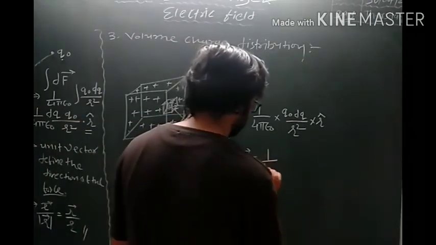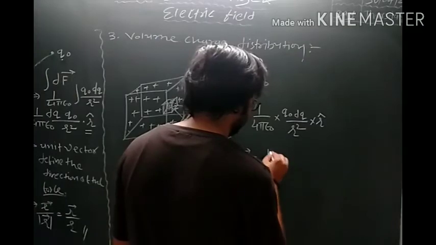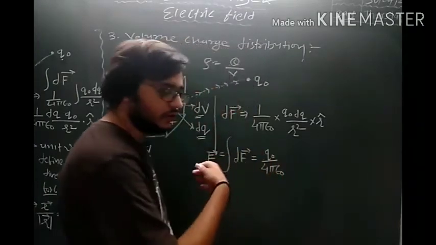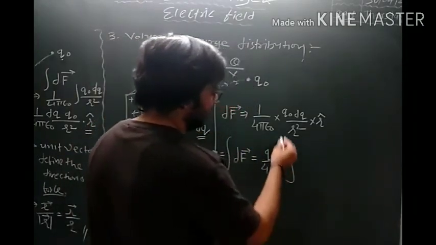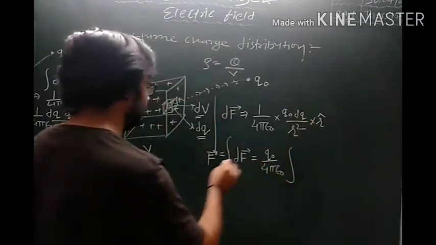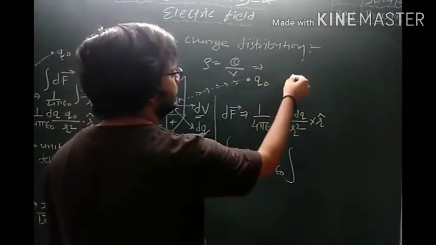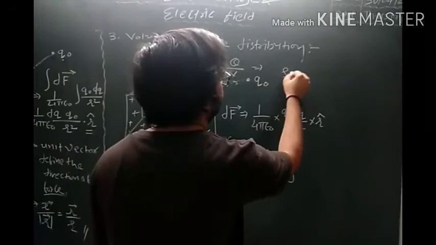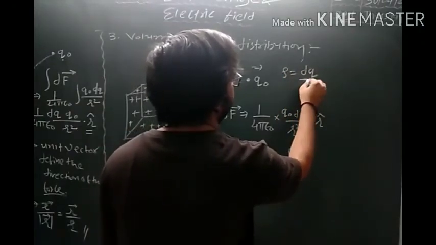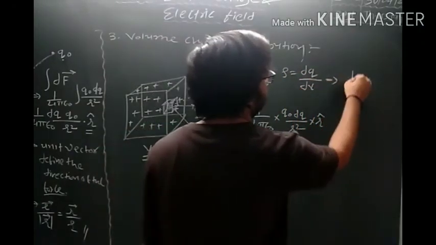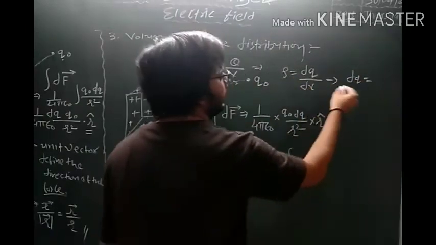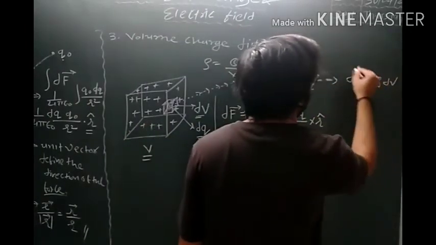So here we can write 1 upon 4 pi epsilon naught, Q naught is constant, integrate dq. Replace dq: rho is equal to dq by dV, so we can get dq is equal to rho into dV.